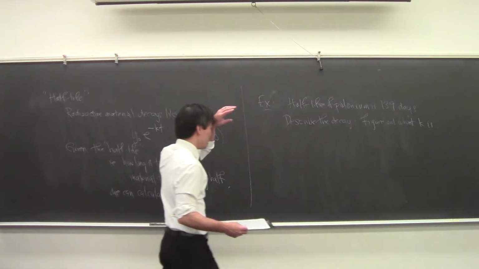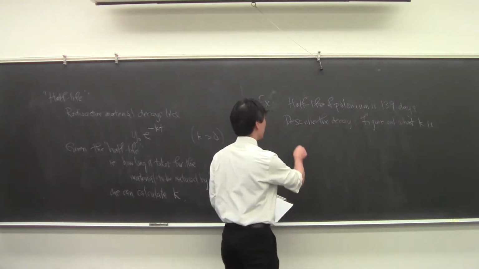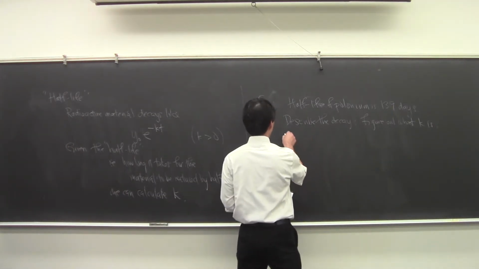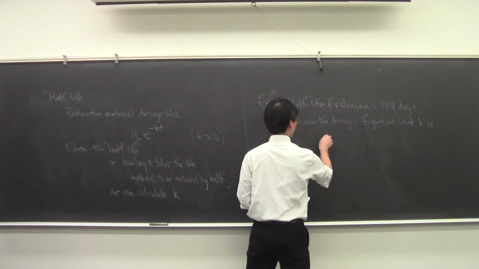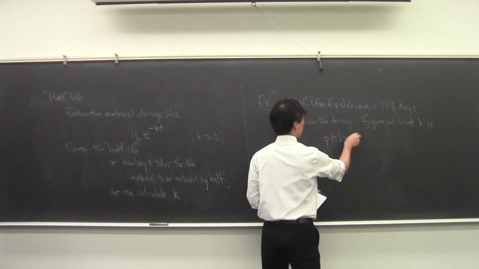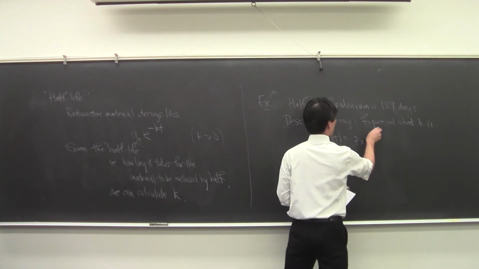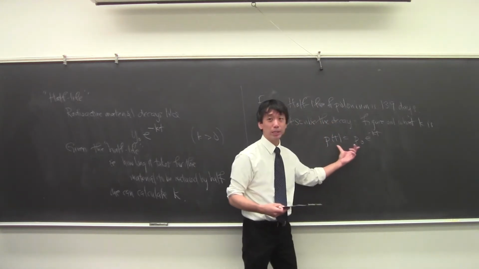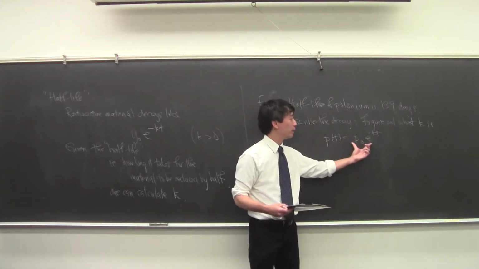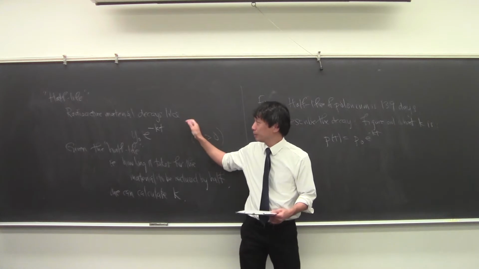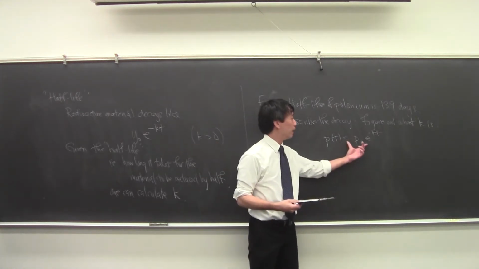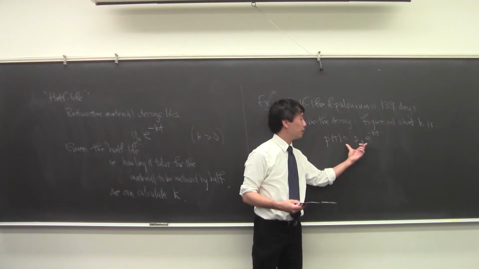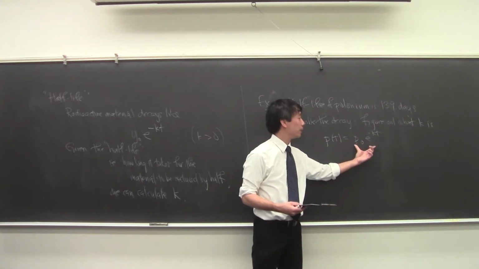Okay, so let me just explain this. You say, I know the amount of your material follows this exponential decay model. It's just an experimental fact that the material decays like this.